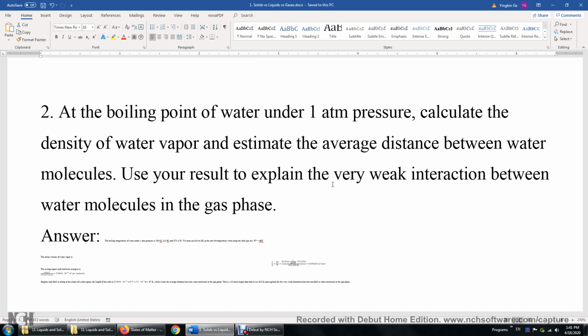You will get the average space for each water molecule in the gas phase. That number to the power of 1/3 will give you the average distance between water molecules in the gas phase. And then that number you will see is much longer than the distance between water molecules in the solid phase or liquid phase. That explains the very weak interaction between these water molecules in the gas phase.